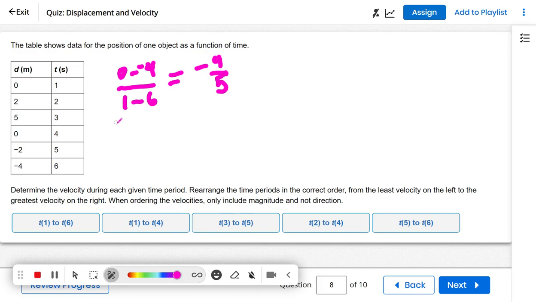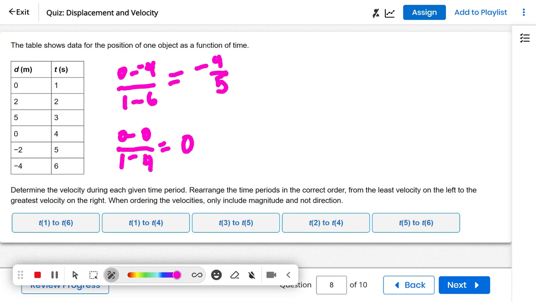And now with the 1 to 4, I'm going to do 1 minus 4, and with 4 we had 0. So this is 0. Okay. And that makes sense.